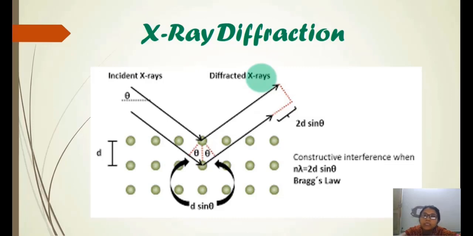Okay? So from this diffraction pattern, now we will discuss how it is going to help us determine the crystal structure, and also how X-ray diffraction is different from light diffraction. In light diffraction we use a light source and a diffractor, that is either an obstacle or aperture.